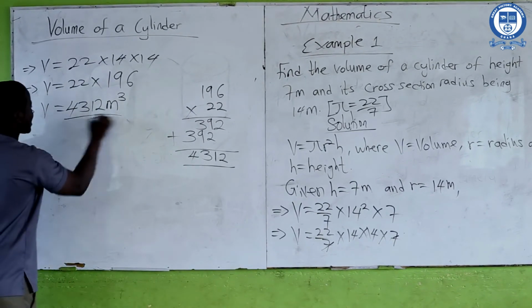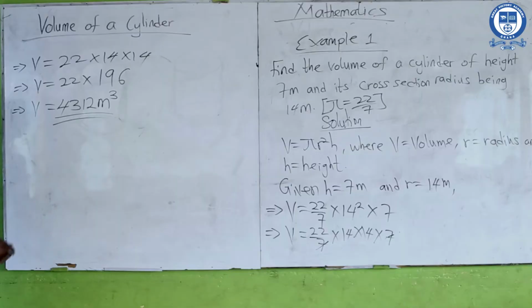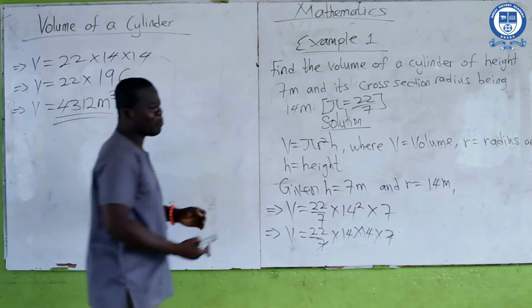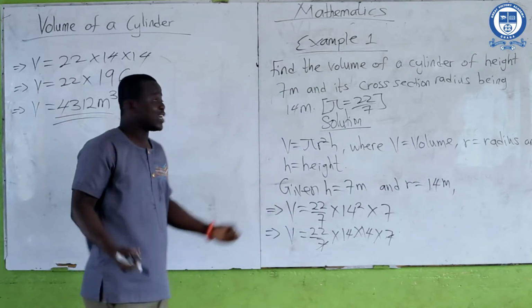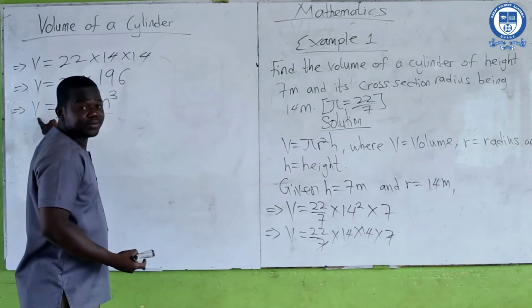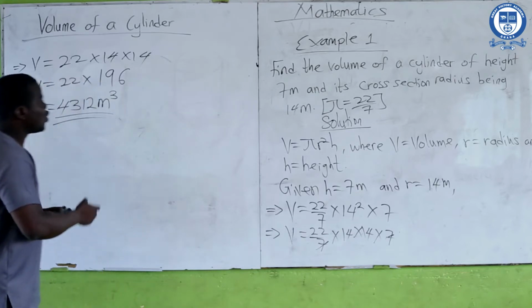And that becomes our answer. But note that V is a variable. So it's always good to answer the question. If you leave it here as V, the examiner might decide that he or she does not understand what V is.